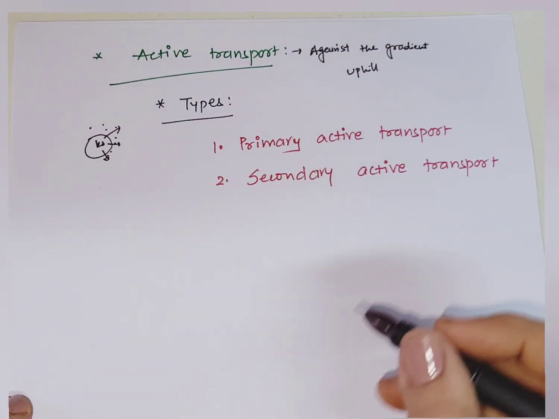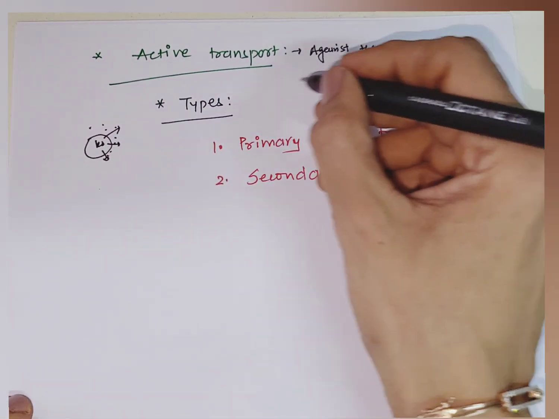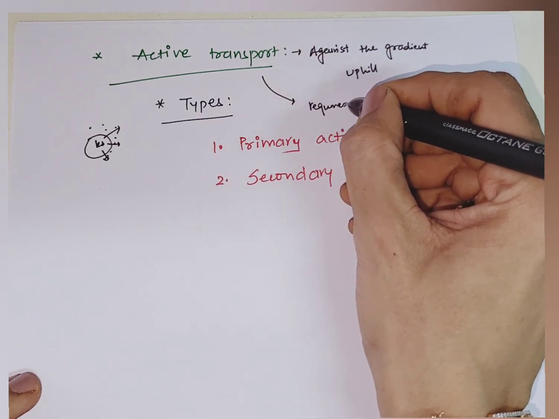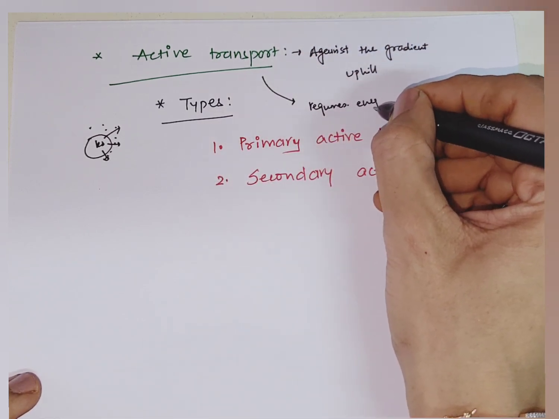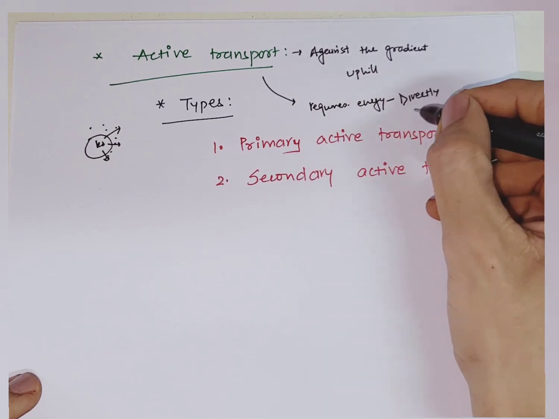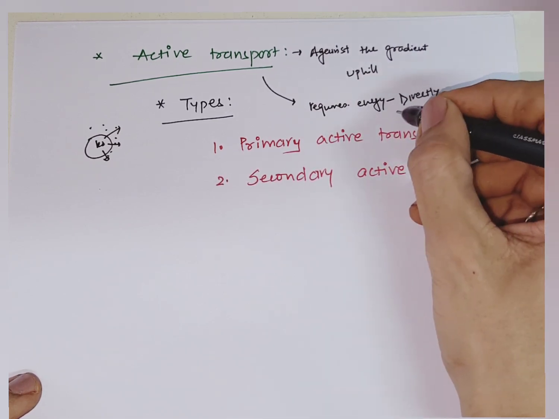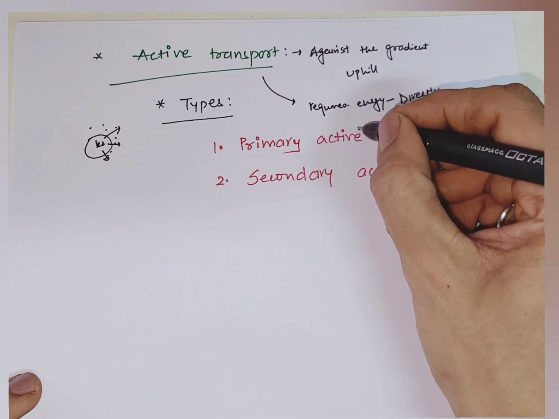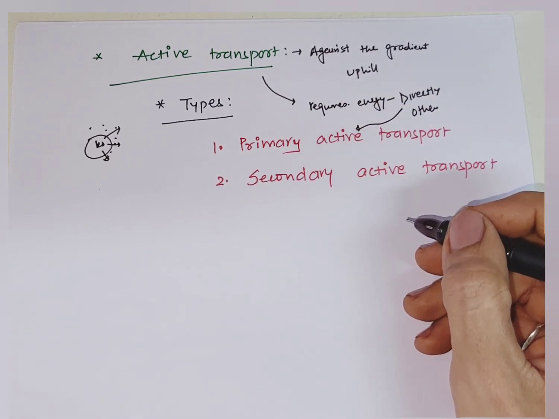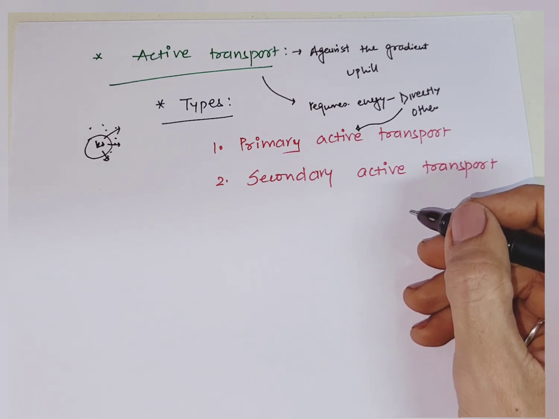And when we are going against the gradient, we require energy. So active transport requires energy. This energy comes either directly from ATP or from another source. If it comes directly from ATP, this transport is known as primary active transport, and if it is from another source, that is secondary active transport.